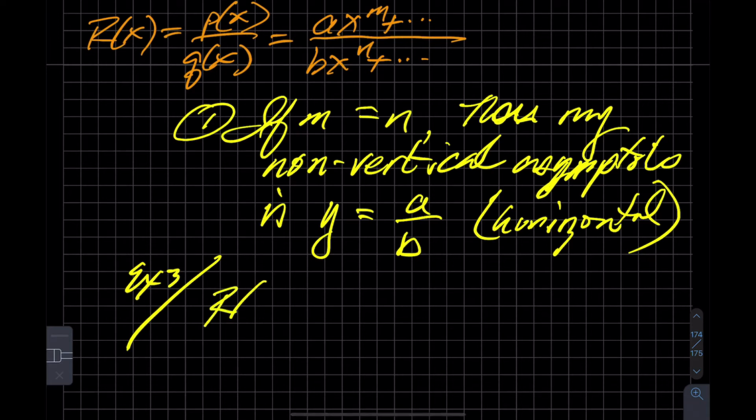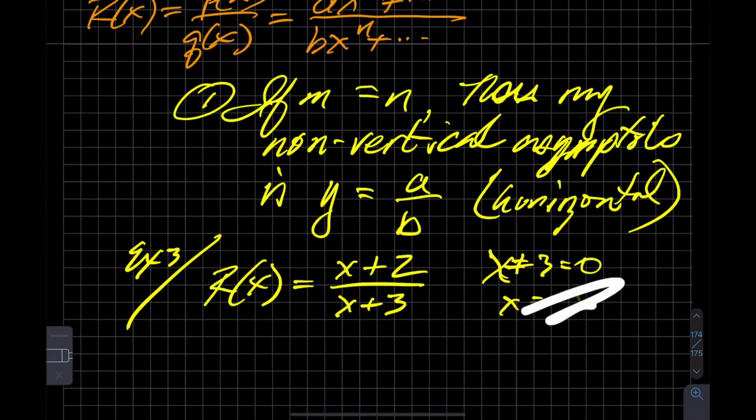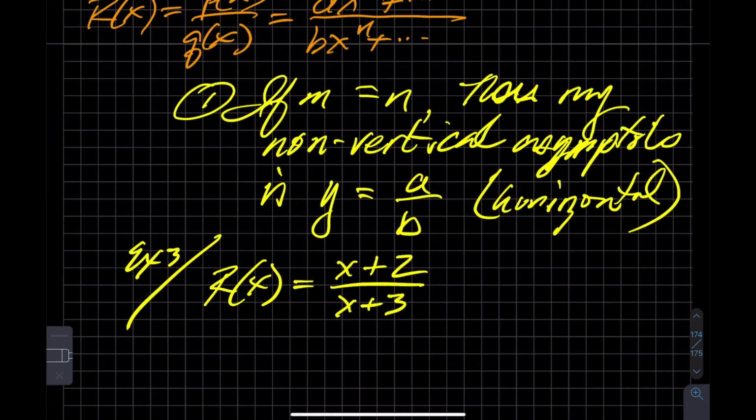Let's say my rational function was x plus 2 over x plus 3. Hopefully you can see, oftentimes problems are going to ask you to find the vertical asymptote. I'm suggesting you find what it might be. That would be x plus 3 equals 0, so I'm going to have x equals negative 3. And then I have to determine, is this denominator a factor of the numerator?